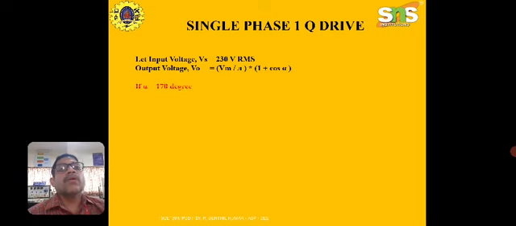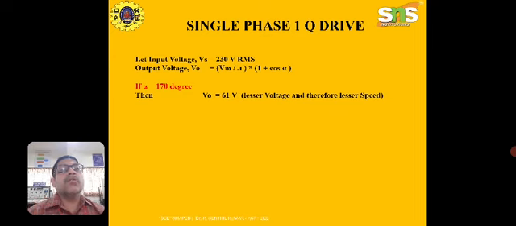So, if alpha is 170 degree, we have seen the animation part in the previous video. Then the output voltage is Vm by pi, where Vm is calculated from 230 volt RMS, such that the output voltage V0 is 61 volt.